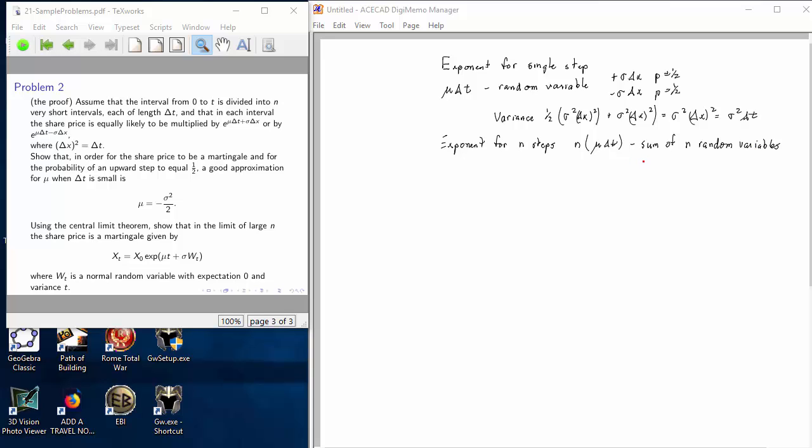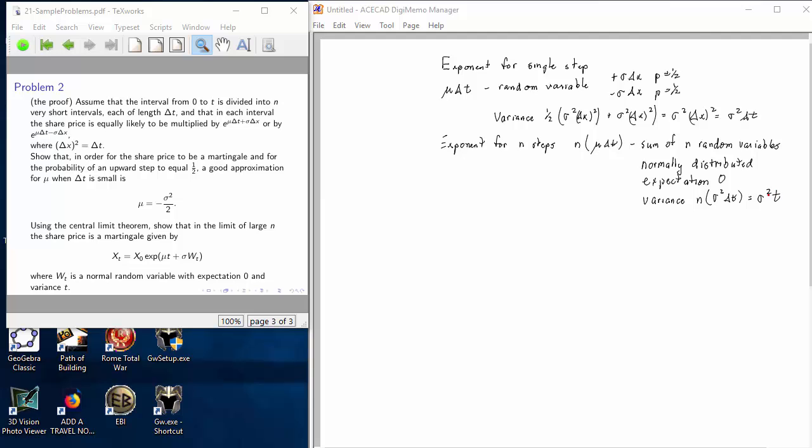It's going to be normally distributed. Its expectation is going to be the sum of the expectations. In other words, it'll be expectation 0. And the variance will just be n times the variance for an individual step, n times sigma squared delta t, but n times delta t is equal to t.